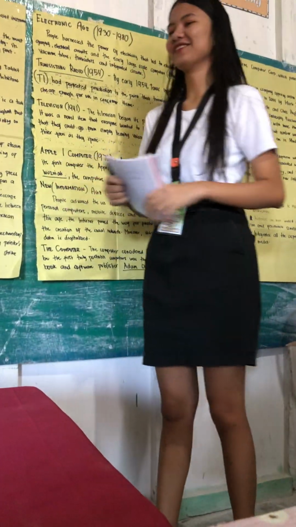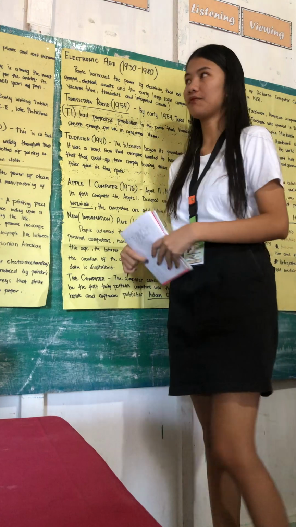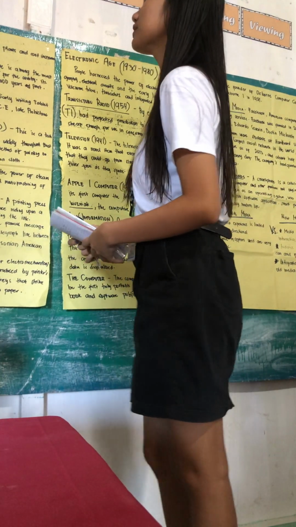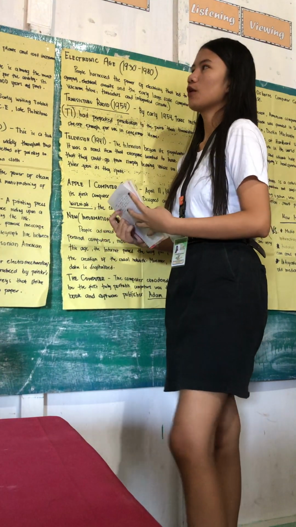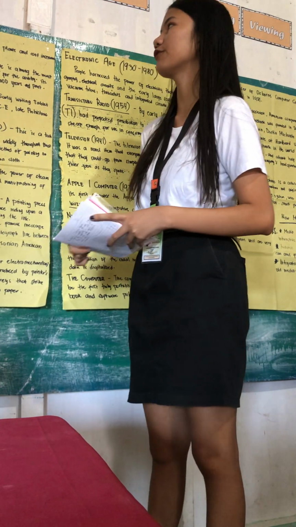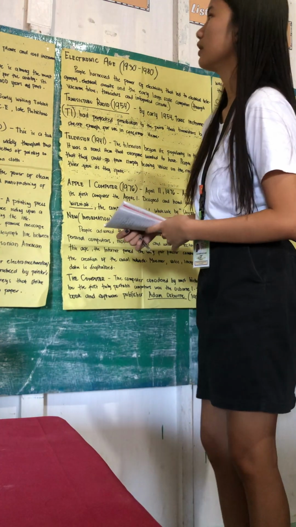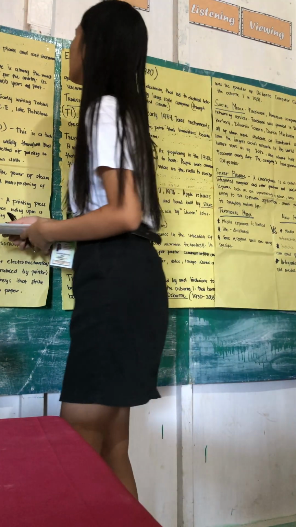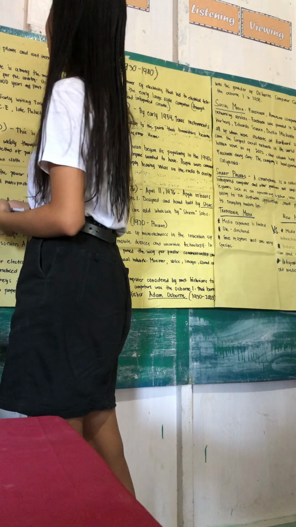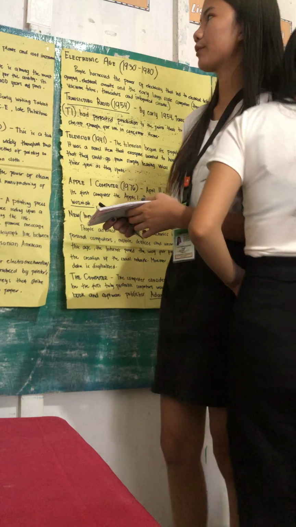So, my report is about the three different types of ages in the media. The prehistorical age, before the 1700s, people discovered paper from plants and cast instruments or weapons through stone, bronze, copper, and iron.